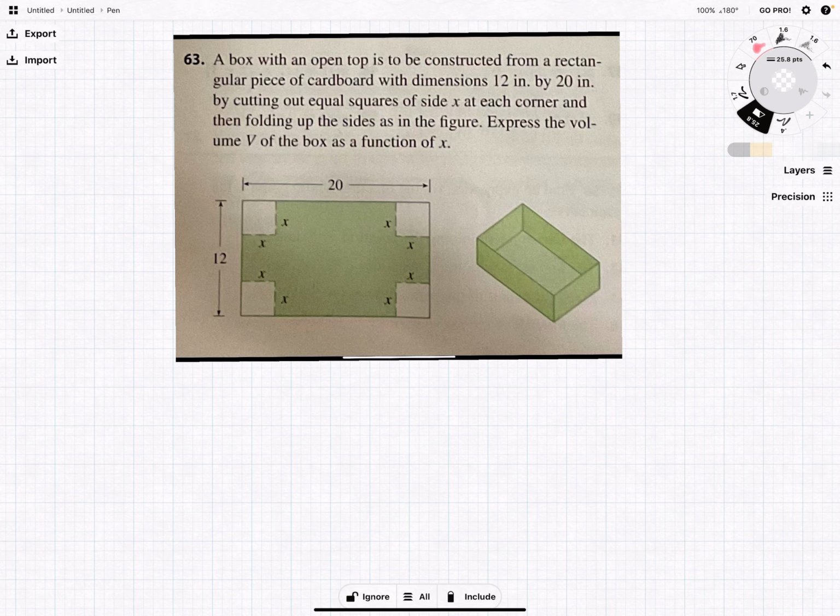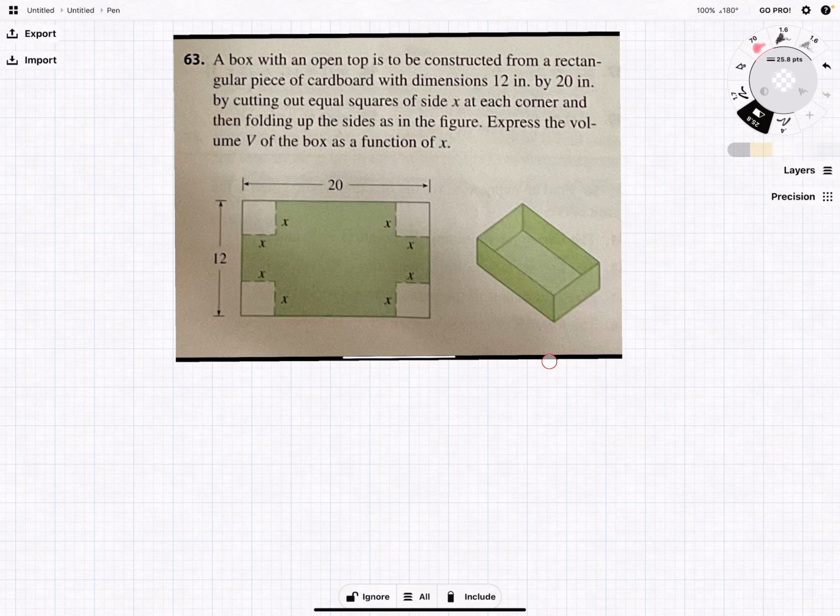Let's see. What we're going to do is something similar to all the other problems before these, if you were watching them or not. What we'll need to do is set up two equations, and that should help us find a good way to measure the volume.